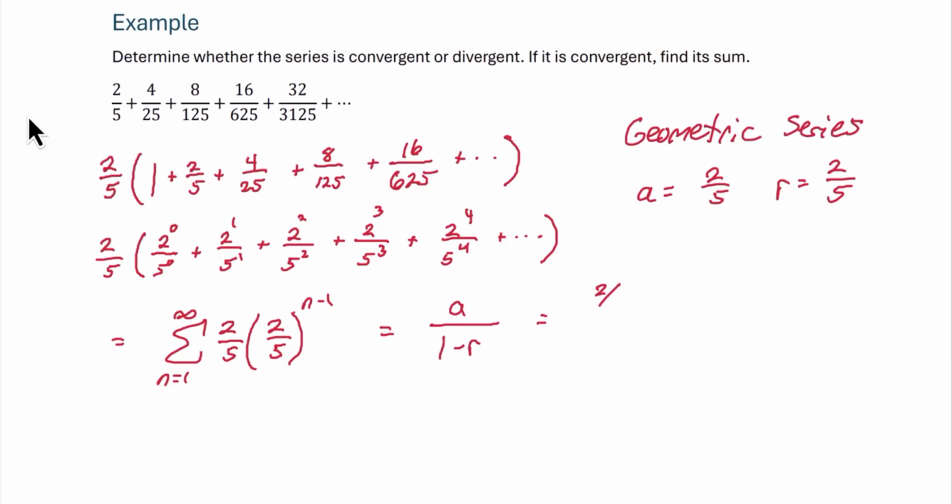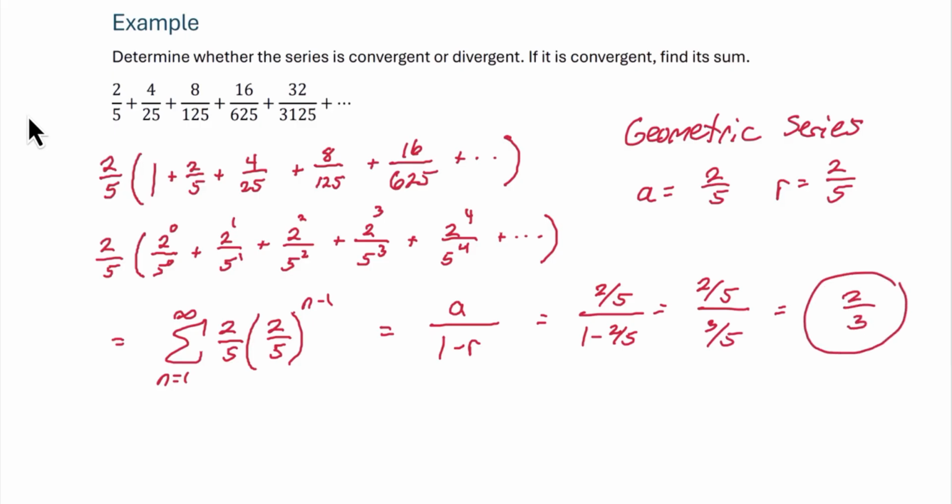That is 2/5 divided by 1 minus 2/5. 2/5 divided by 3/5. And simplifying that, we get 2/3. So this sums to 2/3.